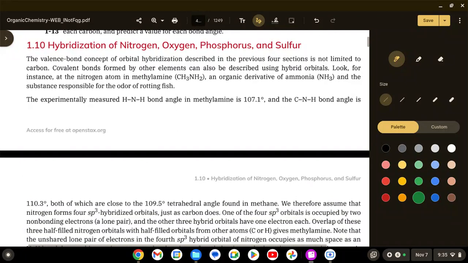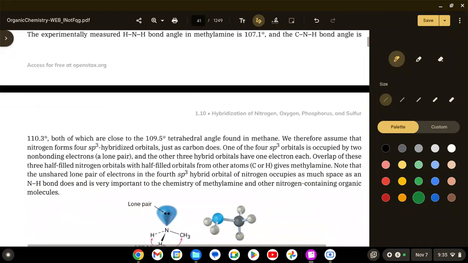Look, for instance, at the nitrogen atom in methylamine, an organic derivative of ammonia, and the substance responsible for the odor of rotting fish. The experimentally measured HNH bond angle in methylamine is 107.1 degrees, and the CNH bond angle is 110.3 degrees, both of which are close to the 109.5 degree tetrahedral angle found in methane.